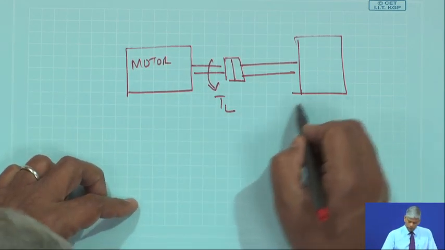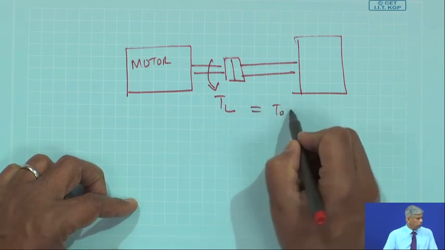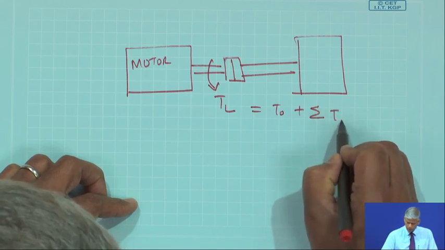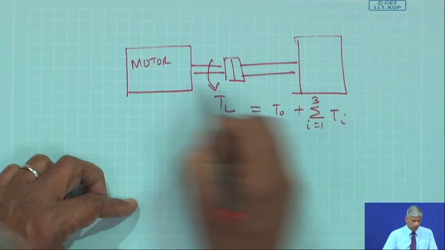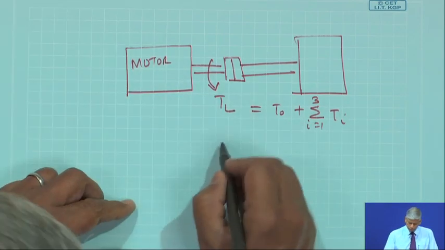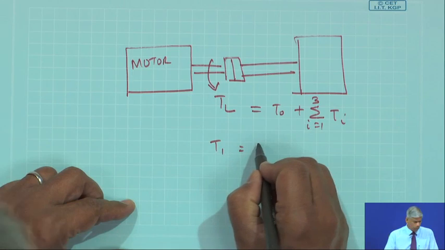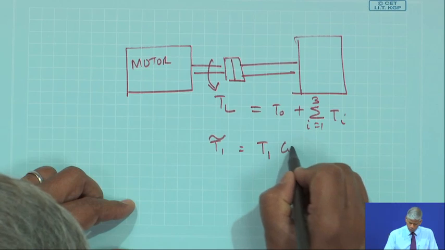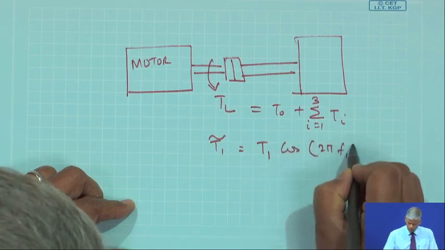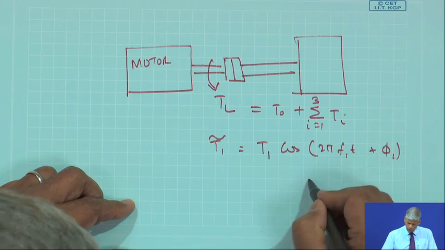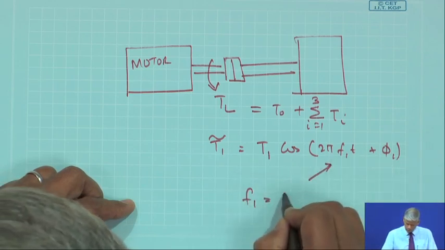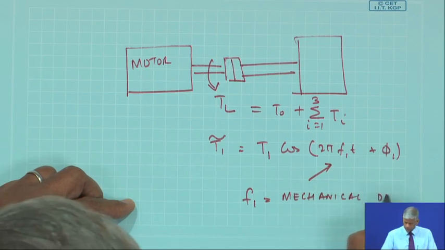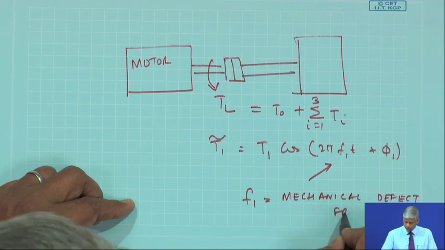Suppose this torque is a constant component plus a sum of T_i for i equal to 1 to 3. In this case T_i is maybe some constant times cosine of 2 pi f1 t plus phi 1, where f1 is the mechanical defect frequency.